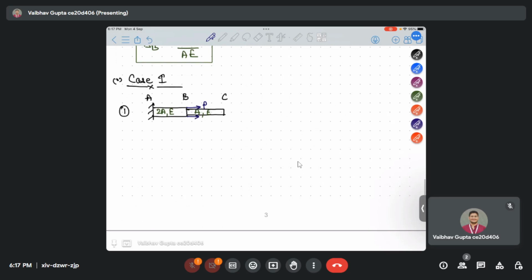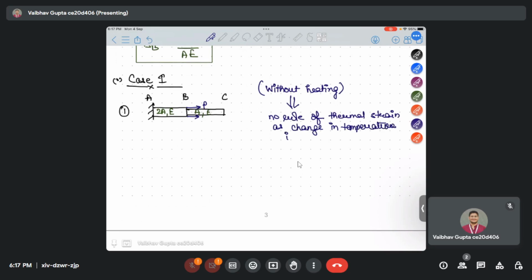Now I'm solving the first 3 cases without heating. Without heating means there is no role of thermal strain, as change in temperature is 0. Understood?